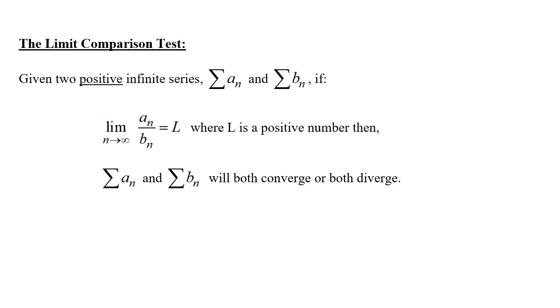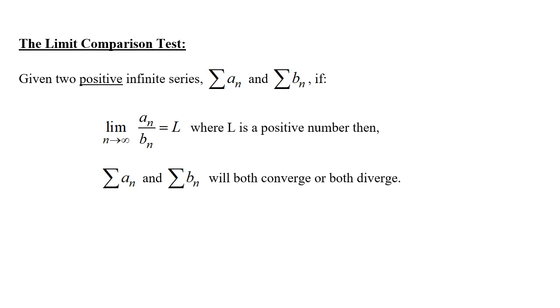The limit comparison test says, given two positive infinite series, a sub n and b sub n, if the limit of a sub n divided by b sub n is equal to some positive number L, then a sub n and b sub n will both converge or diverge.